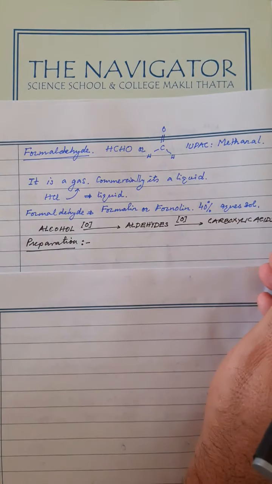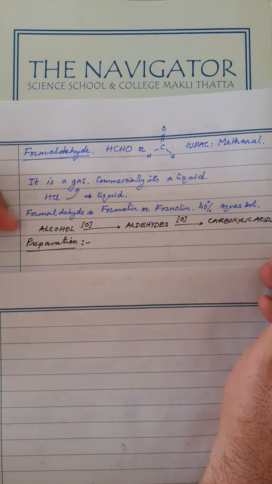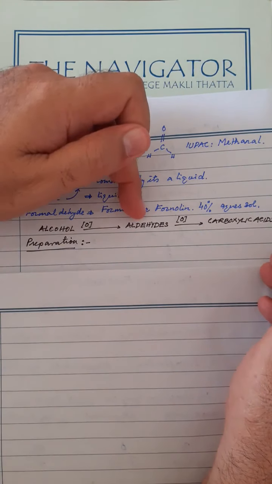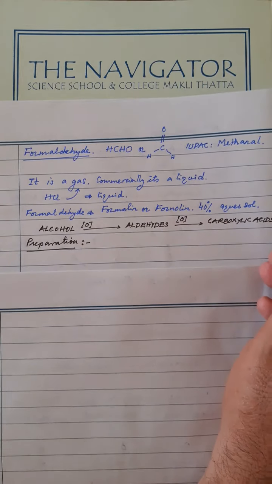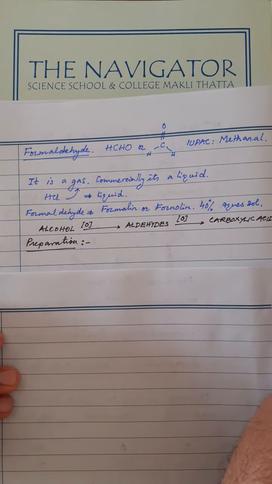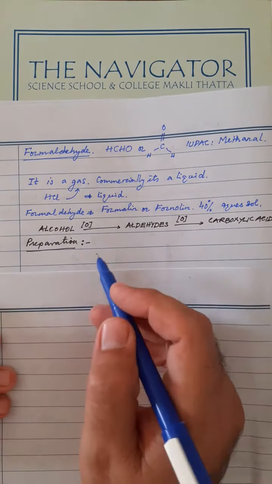So if you take methanol, it is oxidized to methanal. And if you oxidize methanal, it forms methanoic acid. Very simple. So this way, alcohols are number one source of aldehydes. So if you want, let's say, methyl aldehyde or formaldehyde, you need what?